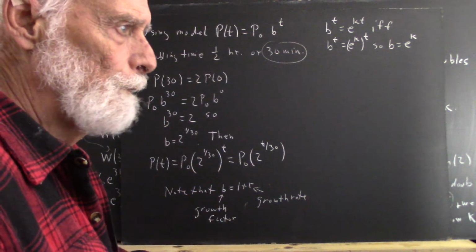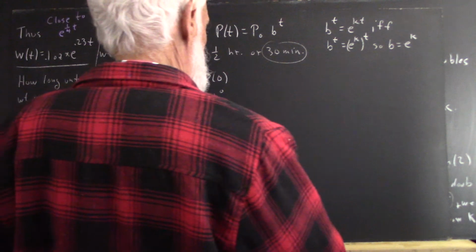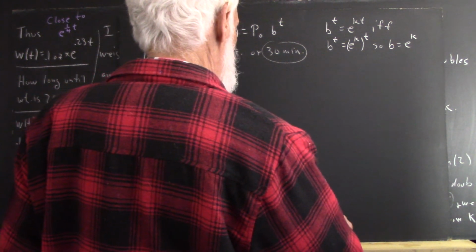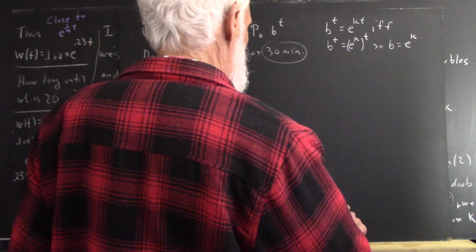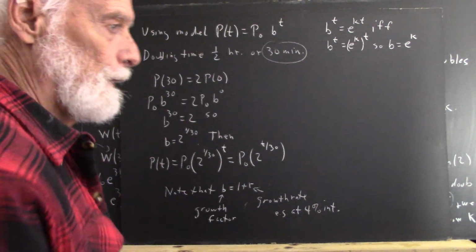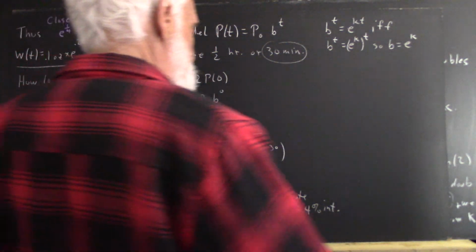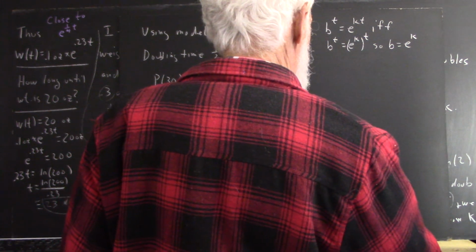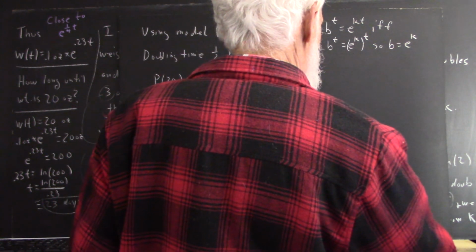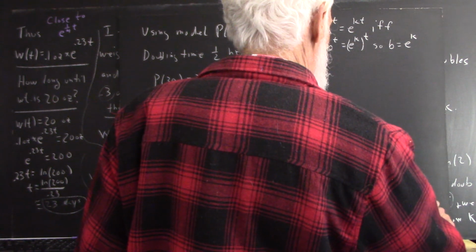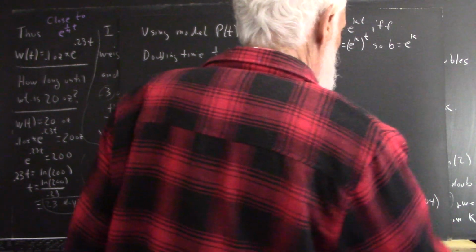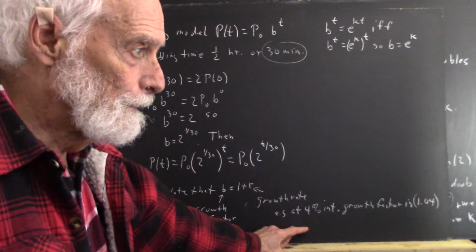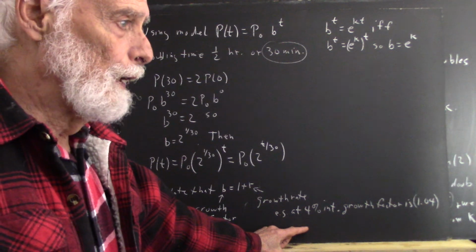For example, if you had 4% interest, your multiplier, the growth factor, is 1.04, 1 plus the growth rate, as we saw with the early examples in compound interest.